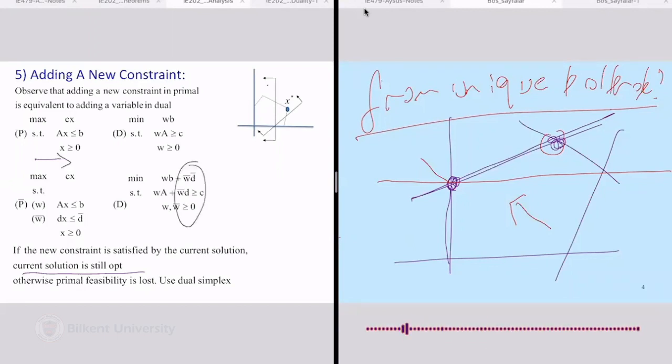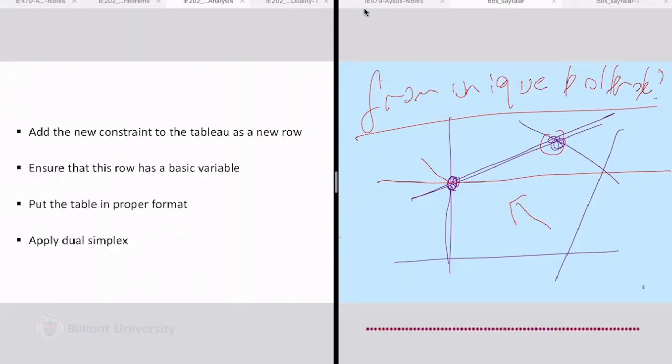In the previous case, this new variable value could be 0 and affect the feasibility of the dual, right? So dual feasibility is intact, but we may lose primal feasibility, and that means we have to use dual simplex. If we don't lose primal feasibility, life is fine. Nothing changes. The current solution with the current value remains optimal, all right?